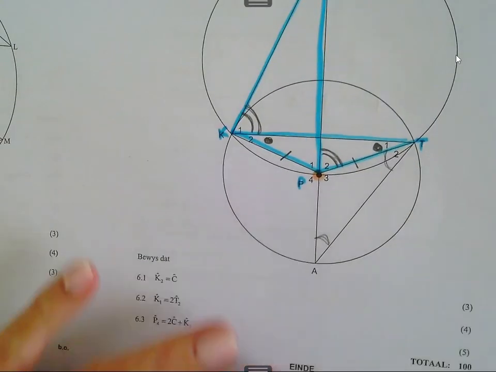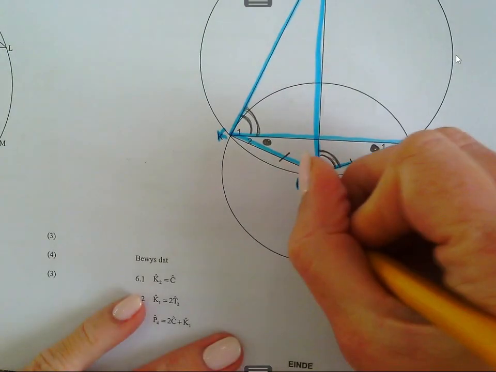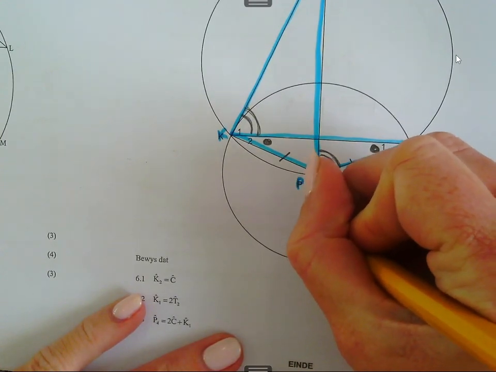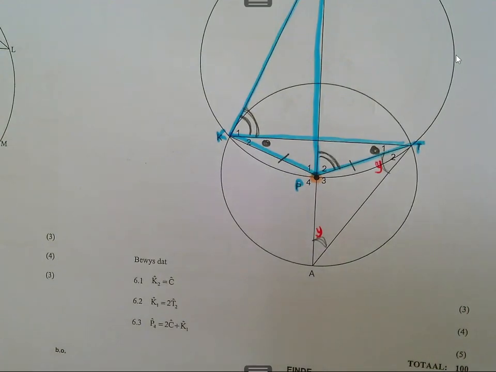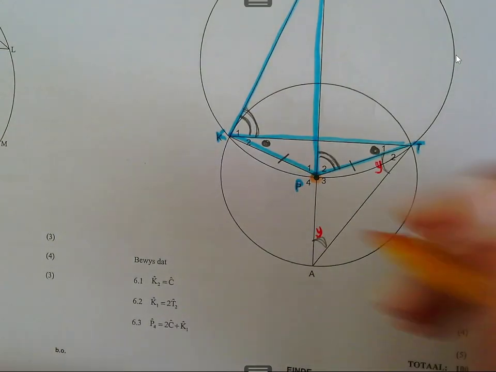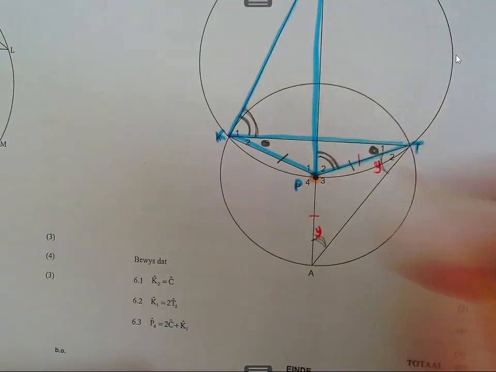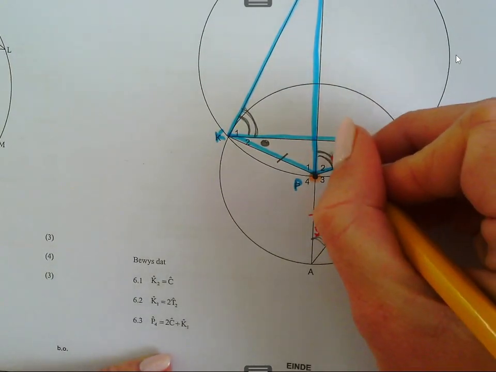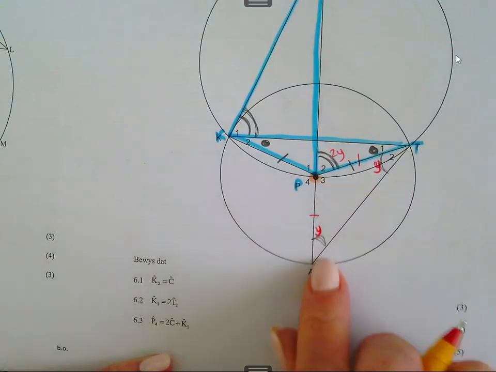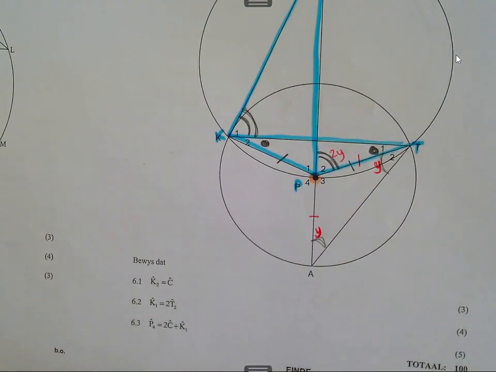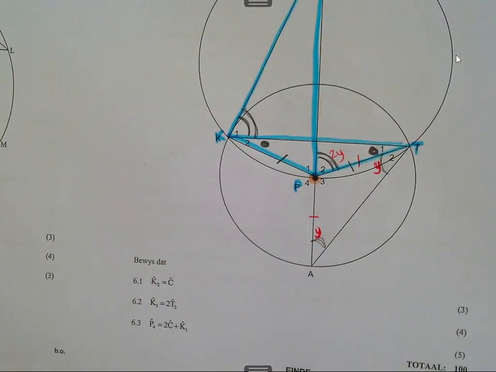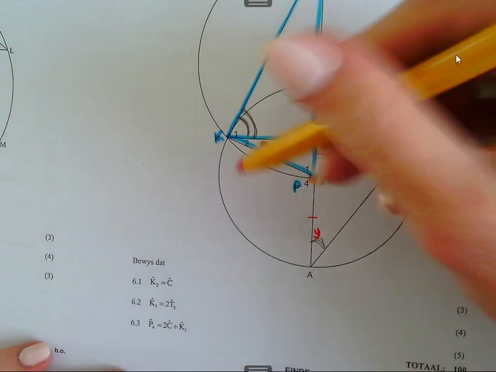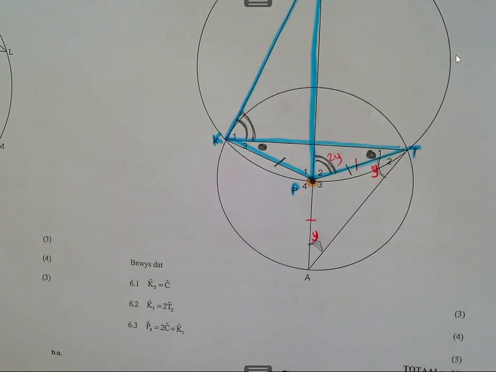Therefore, if I name this angle Y, so I say let A be Y, I can say that T2 is also equal to Y because its angles opposite equal sides because of the radii, and therefore P2 will be equal to 2 times Y. It's the exterior angle of the triangle. Another thing that you can use is angle at the center equal to 2 times angle at the circumference to find it to be 2 times Y. And then I know that K1 is also equal to P2.